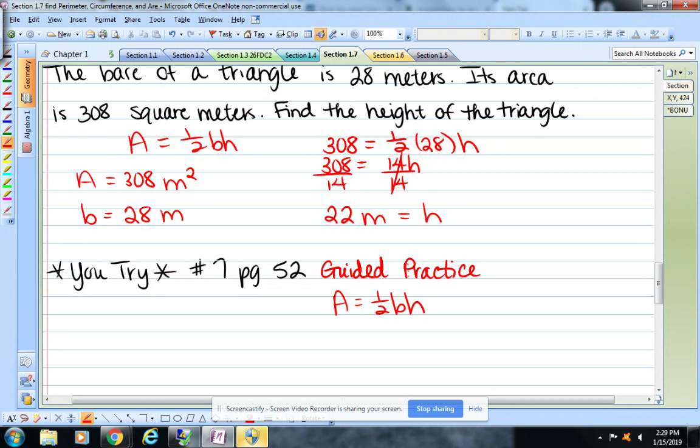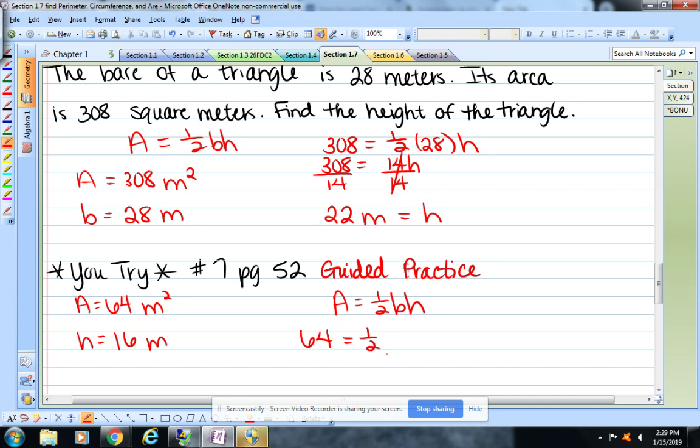Okay. So they told me the area this time was how many units? 64 square meters. And this time they told me the height. What did they say the height was? 16 meters. And then this time I'm looking for the base. So we plug in what we do know. So do we know the A is what? Half is still a half.